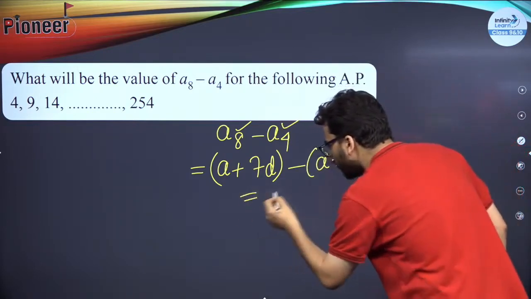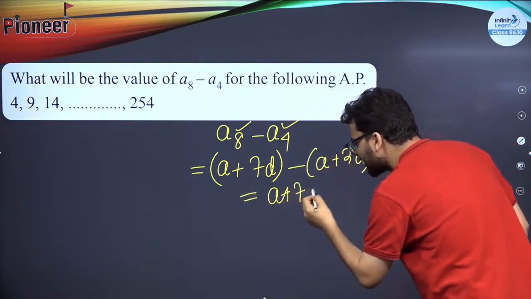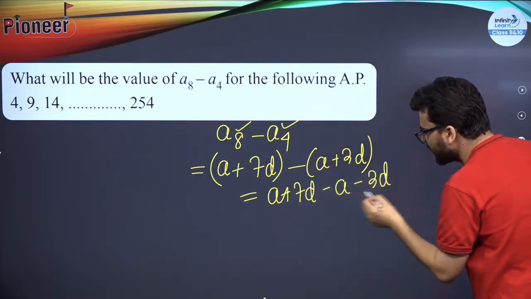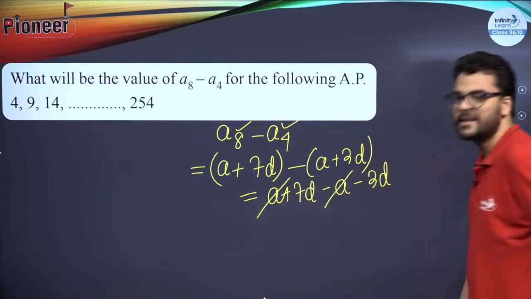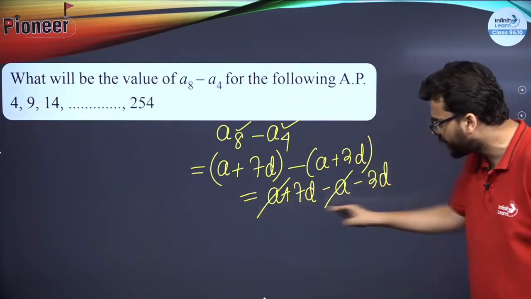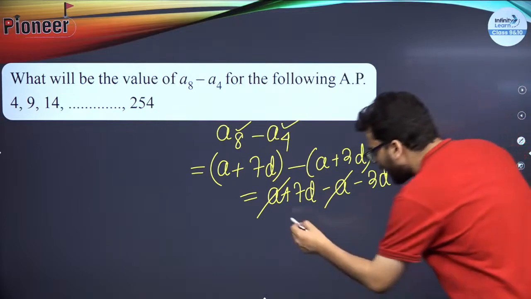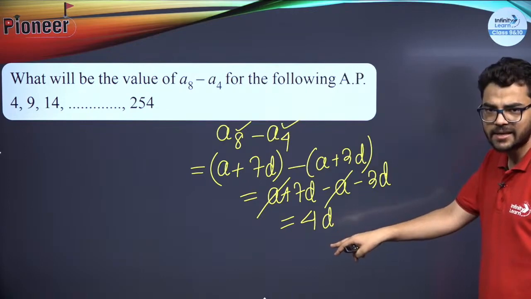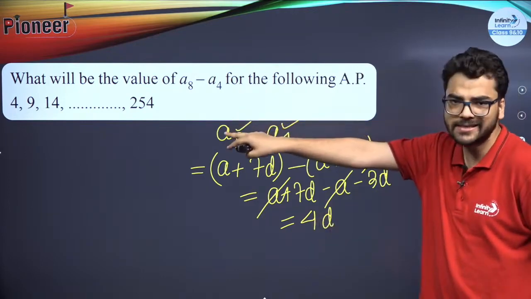Correct? So I can open up this bracket. I'll get A plus 7d minus A minus 3d. So can I not say that A will be cancelled out? The difference of two terms of an AP is every time independent of the first term. So that will be equal to 4d basically. So 4d is the answer. You have to find d from this AP.